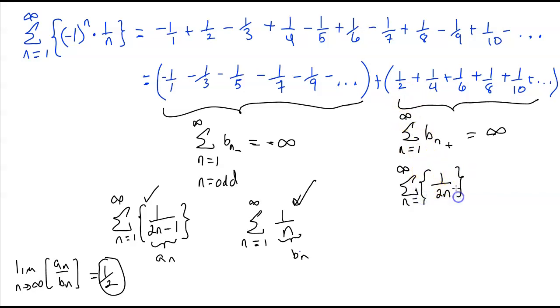And the series that we can compare it with will again be this one. And in this case, again, this will be the bigger series. So I would not be able to use the direct comparison test, but I can use the limit comparison test, just like how I did here. And again, I would see that the limit of a sub n over b sub n as n approaches infinity would be 1/2.